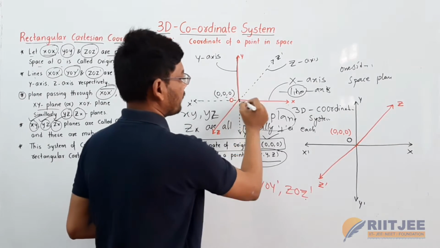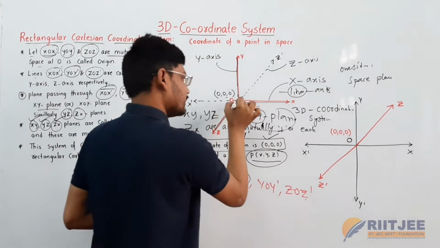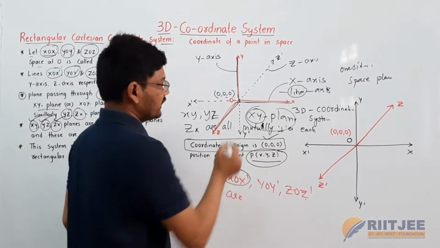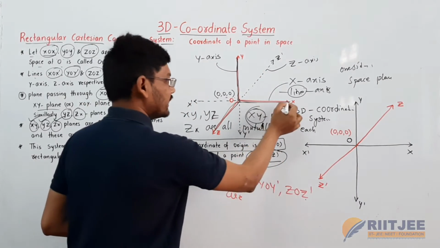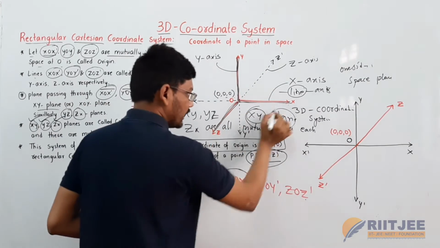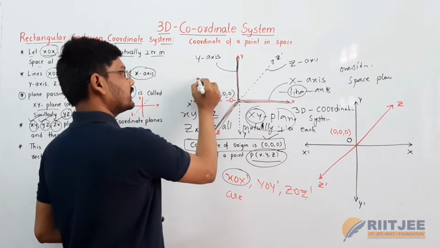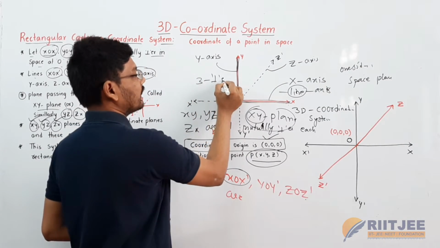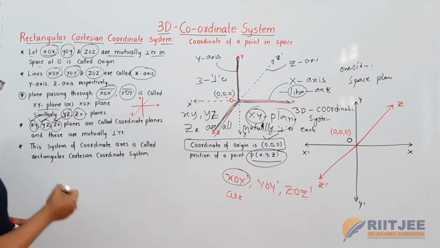This is the xy plane, this is the yz plane, and this is the zx plane. Here three planes are there, and these three planes are mutually perpendicular to each other. This is all about this point here.